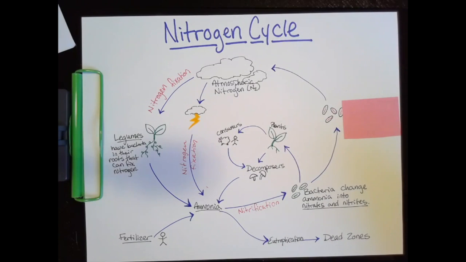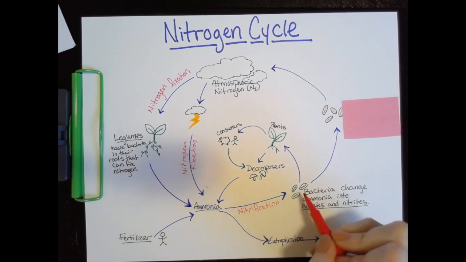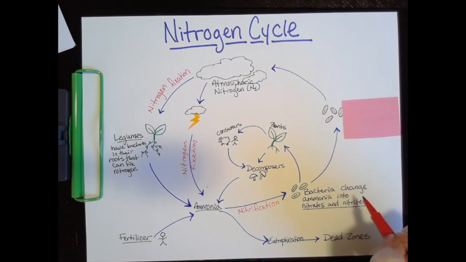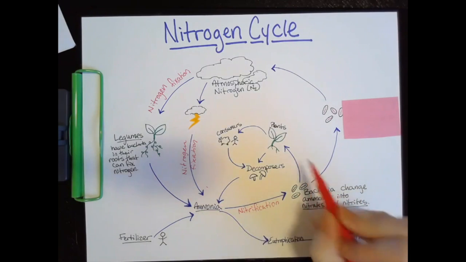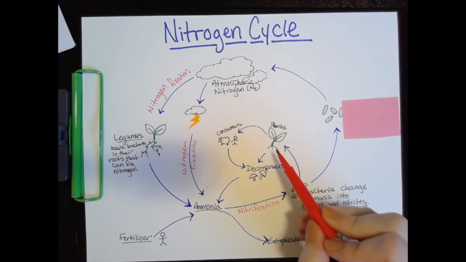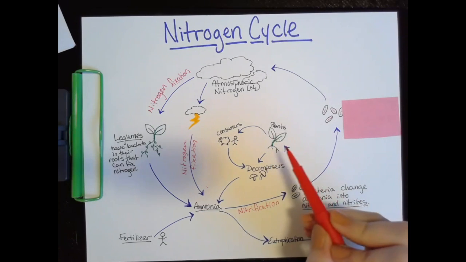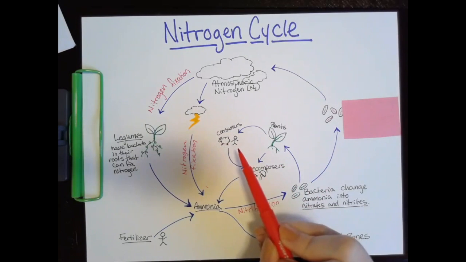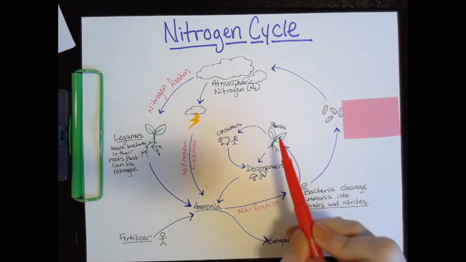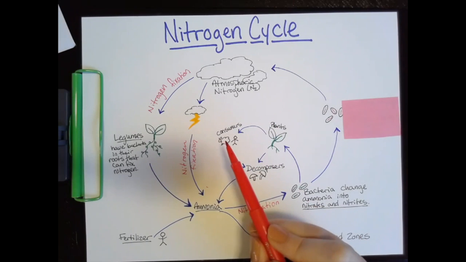So once that nitrification happens and the bacteria, which live in the soil, change that ammonia into nitrates and nitrites, they've changed our ammonia into something that the plants can use. The plants take that in, they make proteins, they make their DNA. Consumers, like animals and people, eat those plants. They also get those nitrogen-containing compounds.